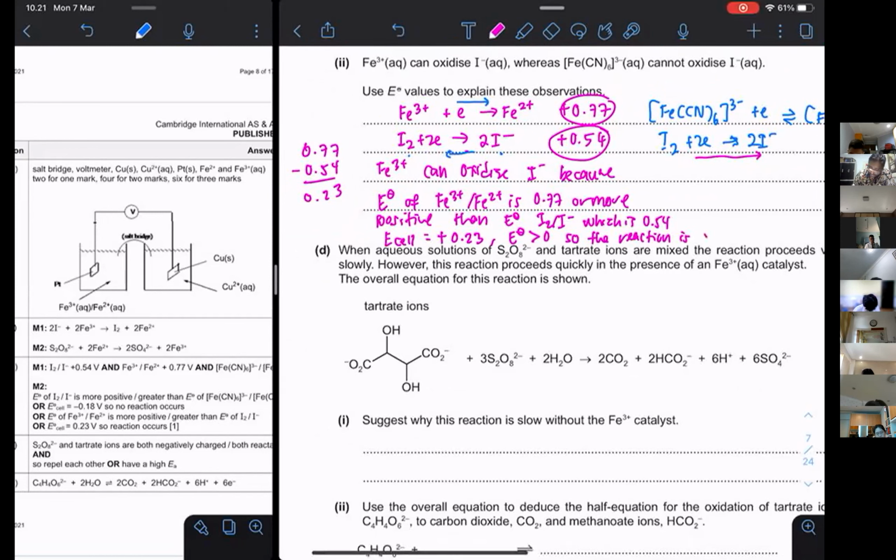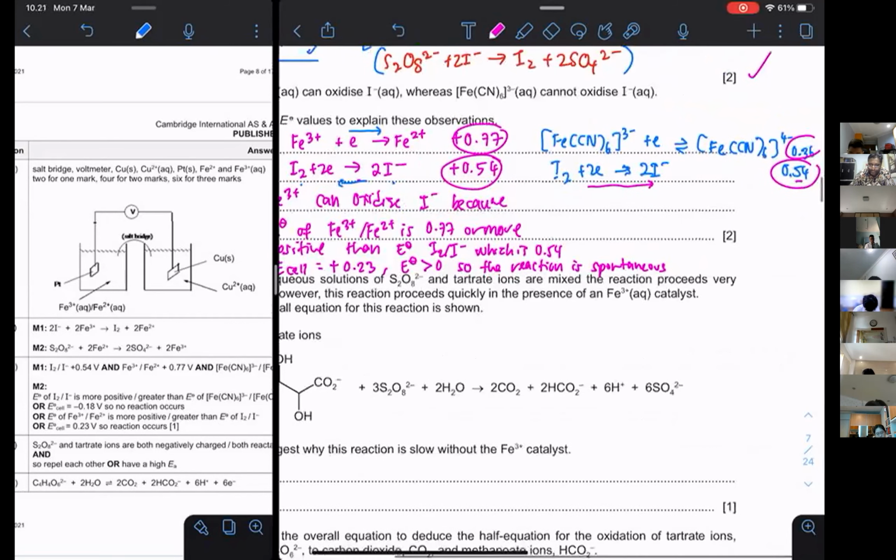And the reaction is spontaneous. So you can write down like that. So you use the same method that I've used over here.